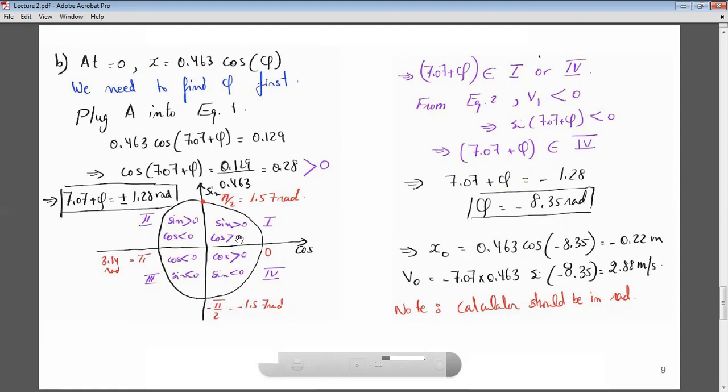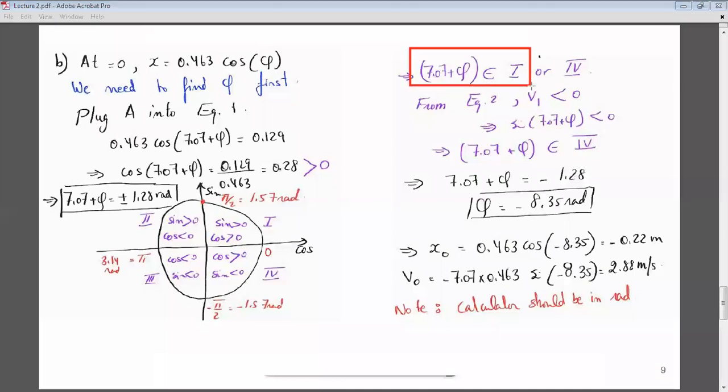Okay, when is the cosine function positive? It is positive in region 1 and 4, right? So the 7.07 plus phi must belong to region 1 or 4. Okay, this we found from the first equation.